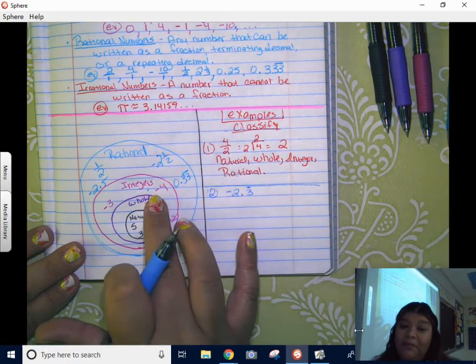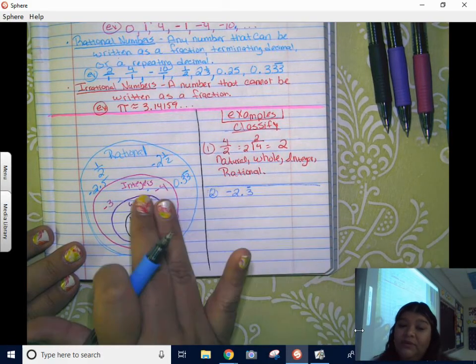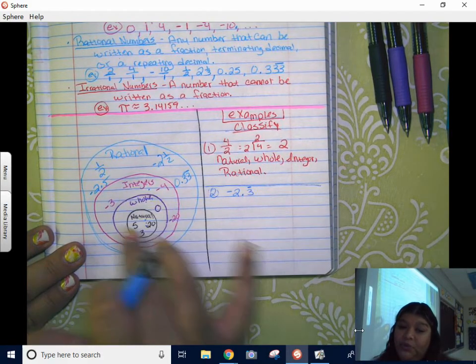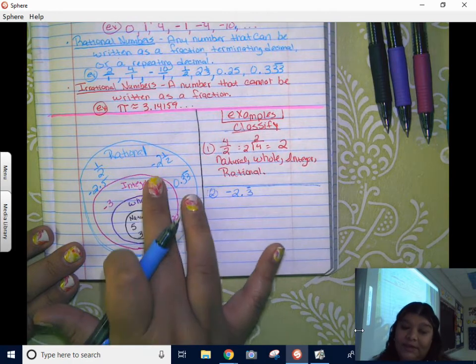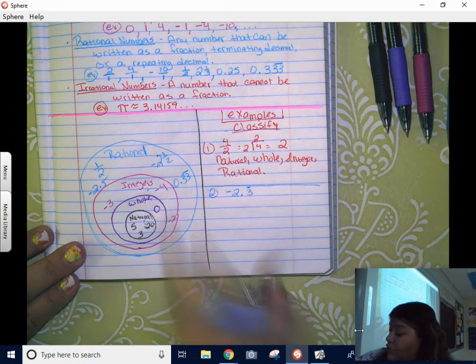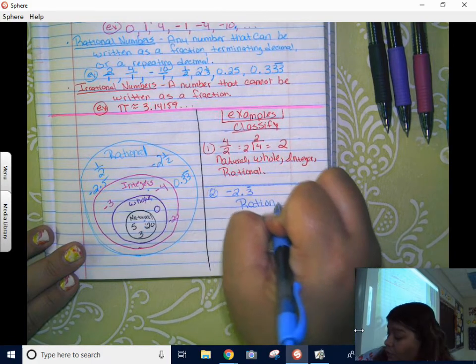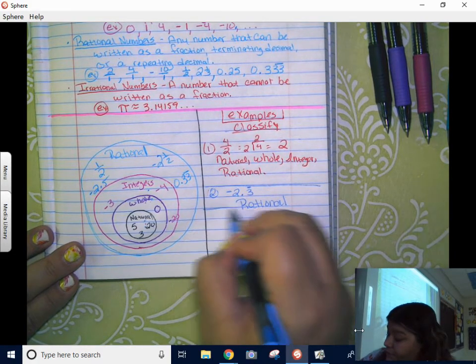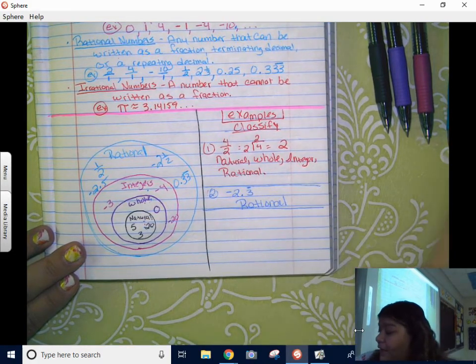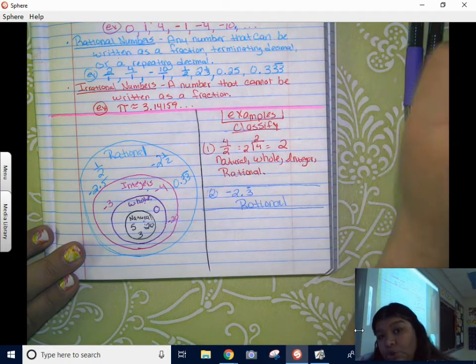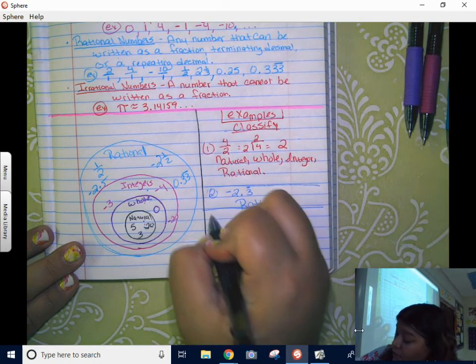Yes, it's a negative, but remember, I have a decimal here and no decimals are allowed in the integer world, okay? So it's going to be considered a rational number only. So rational. Very good. Okay. Now I want you to tell me if this statement is true or is it false?